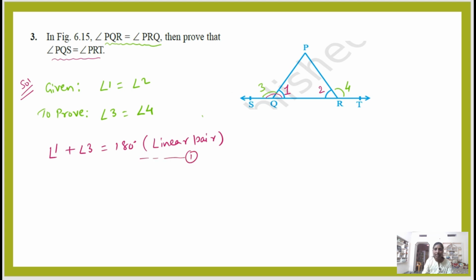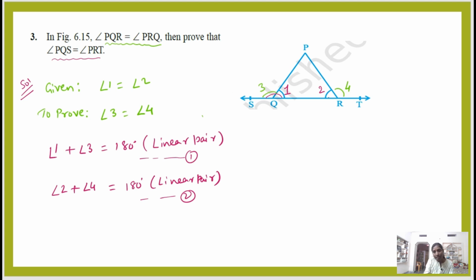Now, similarly, angle 2 plus angle 4 also form a linear pair. So, this is equation number 2.